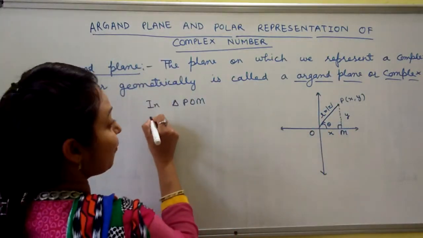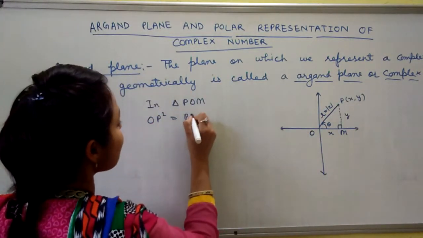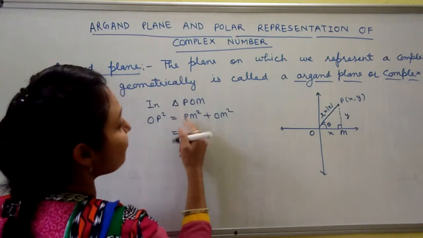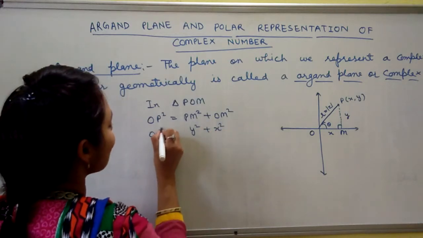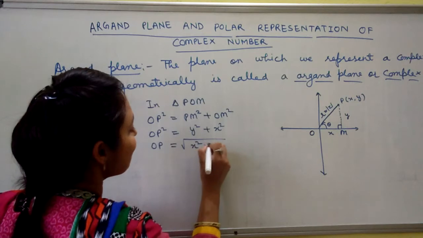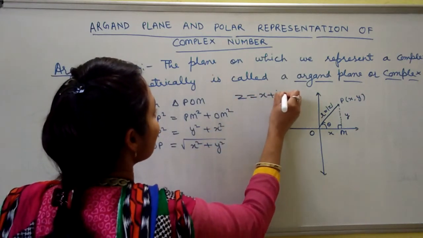By Pythagoras theorem, OP square is equal to PM square plus OM square. What is the value of PM? That is y. So OP square is x square plus y square. Here z equals x plus iota y.